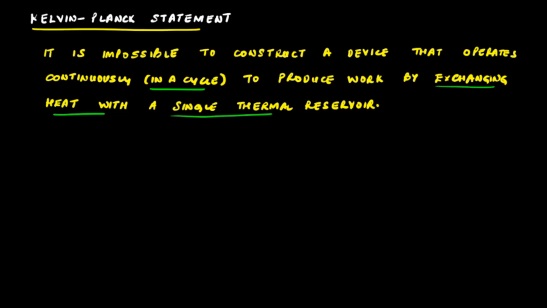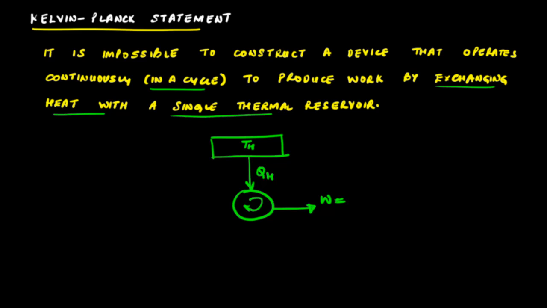To show this schematically, consider this thermal reservoir, let's say at temperature TH, and we have a device that works continuously in a cycle, and this device takes heat QH and produces work, and from the first law this work done in one cycle would be equal to QH.